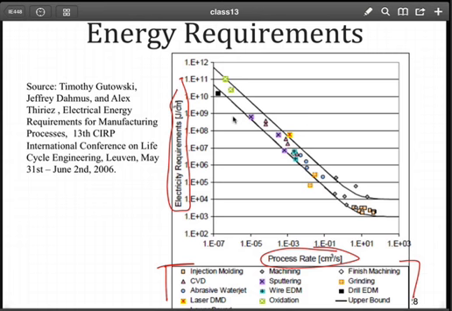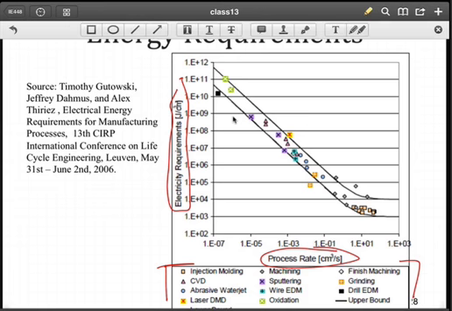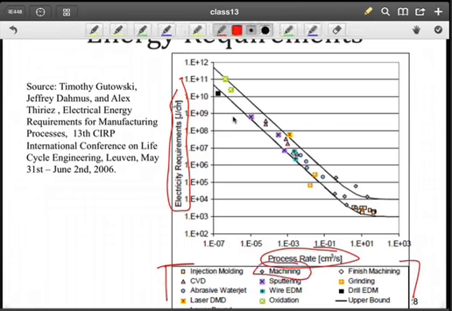Some of the processes that you should take note of, which are quite common: machining, injection molding. Again, if you look at machining, it's in this region down here, where the requirements are significantly reduced and we can produce large volumes of material per unit of time.